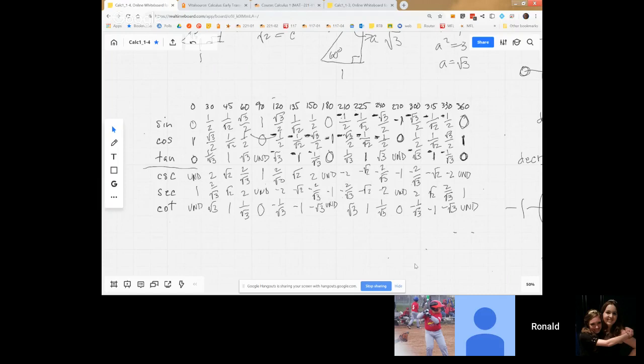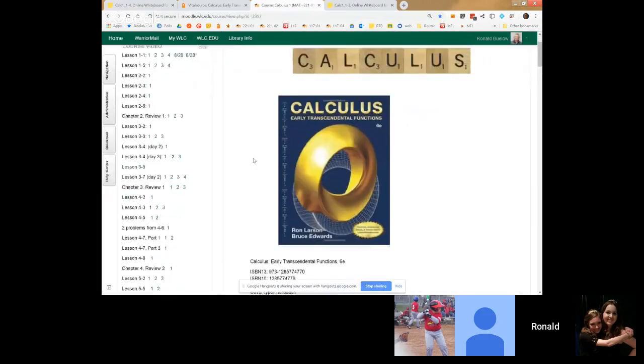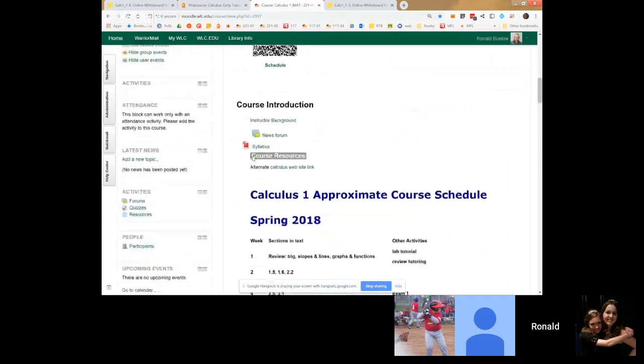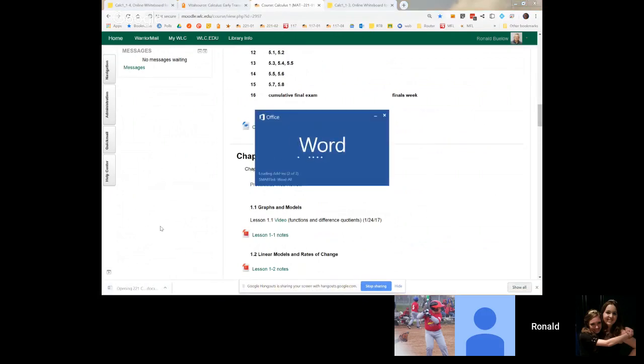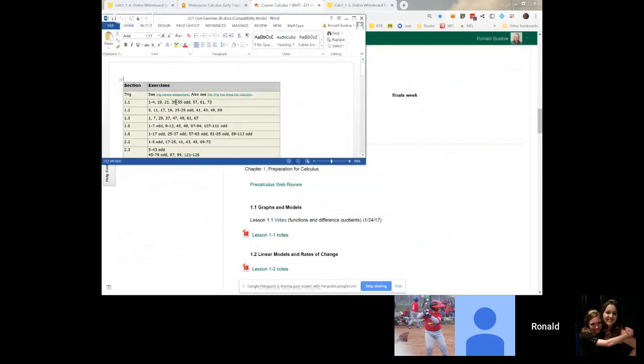Now there are some links. Let's see if we can find this review. Let's go back to our site. Oh, I know. If you go to the core exercises, and when the core exercises come up, you'll see these 2 links in there.